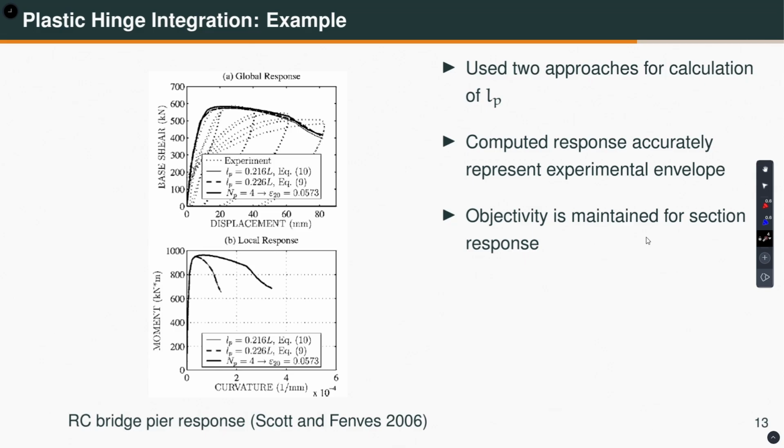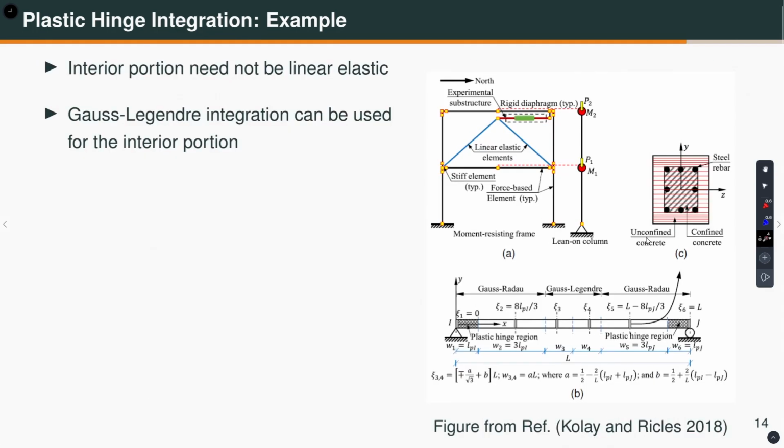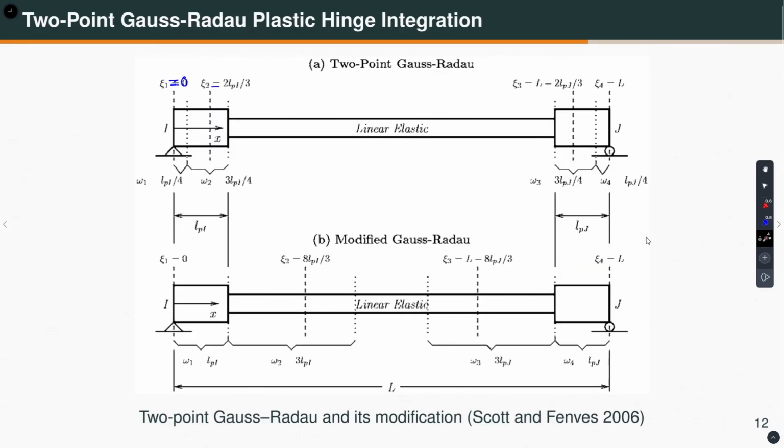In other words, there is no change of integration points, hence there is no change of the section response. But the accuracy of this depends on how accurate your length of plastic hinge is. Okay. So in one of my studies, I have used this. Now note that the interior portion of this element need not be linear elastic.